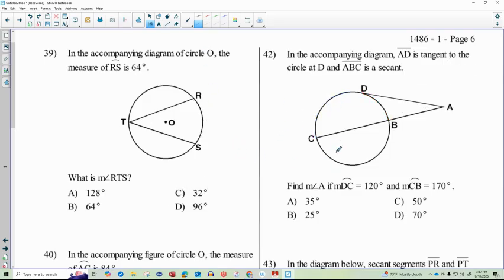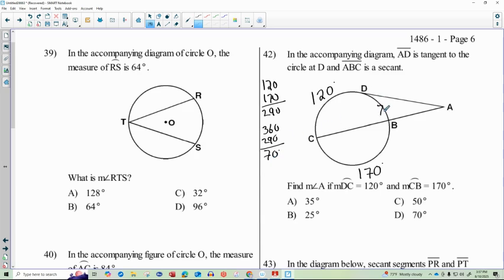All right, let's see what we got. Arc DC is 120. All right, let's put it in. Arc CB is 170. That's cool that they gave us all that information, but arc CB doesn't have to do with our formula. However, it will help us find the one we need, because if I add 120 plus 170, I get 290, and if I subtract it from what I know a whole circle is, I end up with 70.